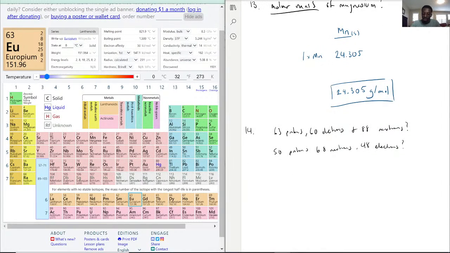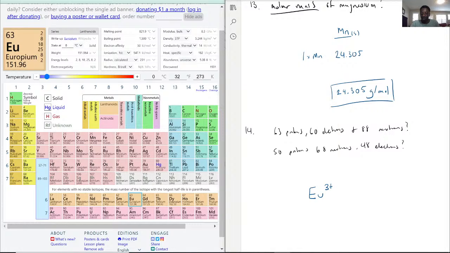So now we know at least one piece of information, that we're dealing with the element europium. 60 electrons, okay? Now, this actually tells us what type of ion it is, because the difference in charge tells us. So there's 3 less electrons than protons, so 3. And because electrons are being removed, it'll be 3 plus. Okay, so it'll be Eu 3 plus.